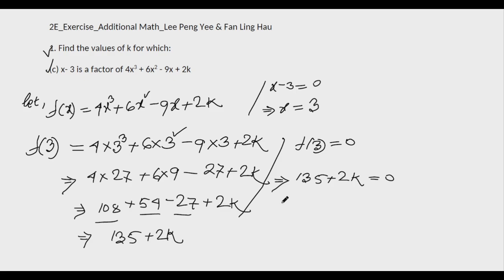So by solving this equation for k, we get k is equal to minus 135 over 2. If we reduce this value, we will get minus 67 and 1 over 2, and this is our final answer.